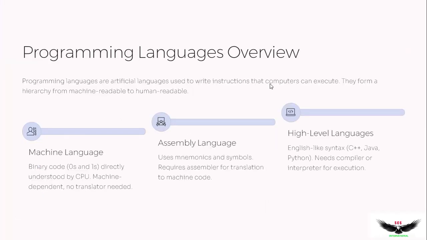Let's talk about programming languages. Programming languages are artificial languages used to write instructions that computers can execute. They form a hierarchy from machine-readable to human-readable.